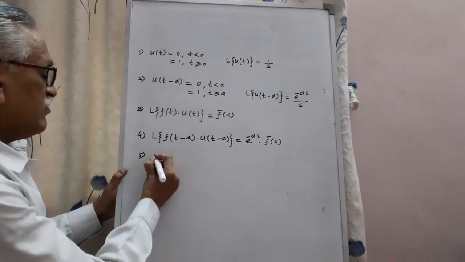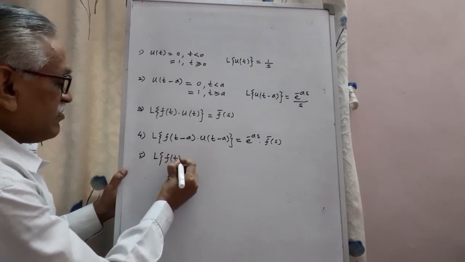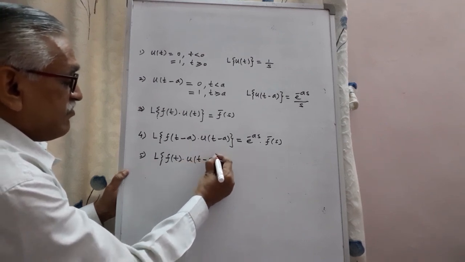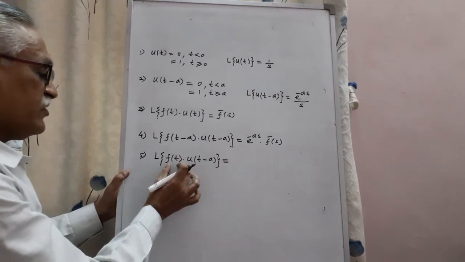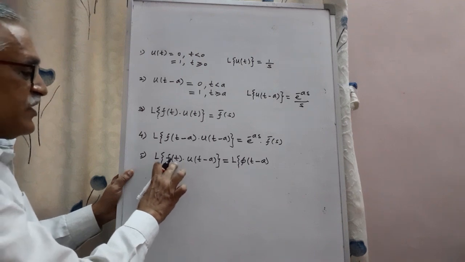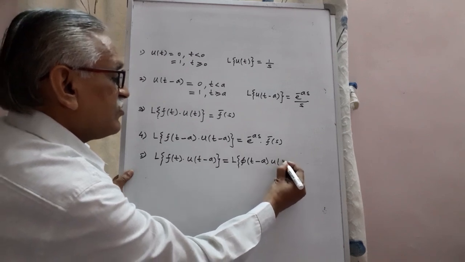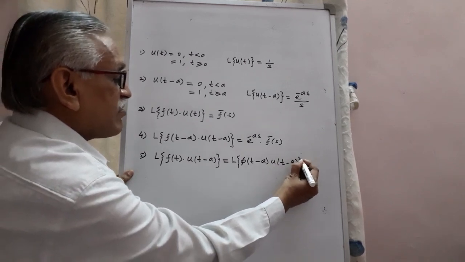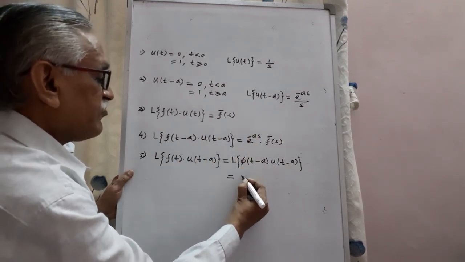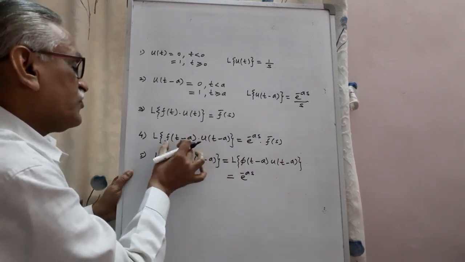And one more we have seen: Laplace transform of f of t into u of t minus a. As we have to rewrite this in terms of t minus a, we have to convert this function f of t as phi of t minus a into u of t minus a, and as per this it is equal to e raised to minus as into Laplace of this function.